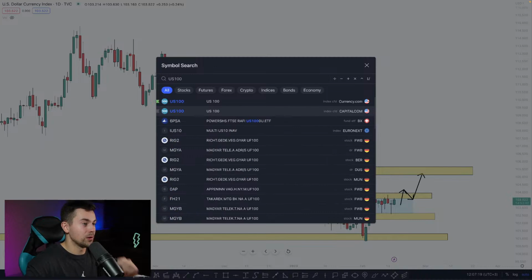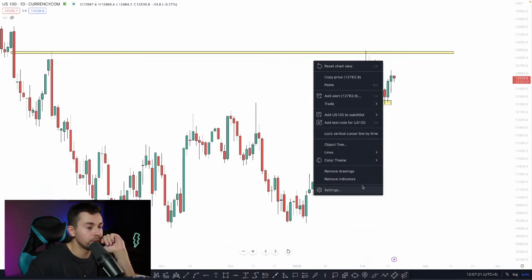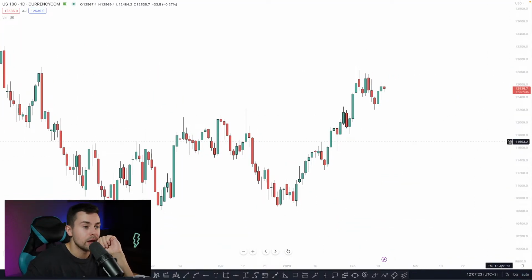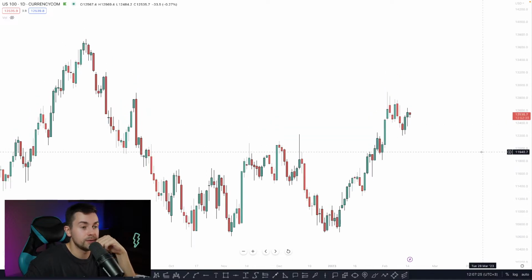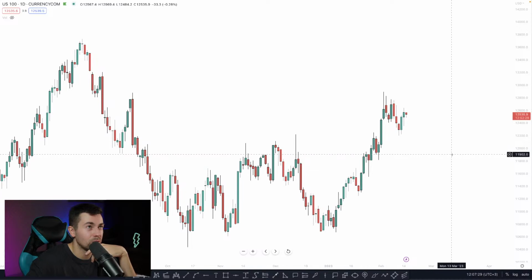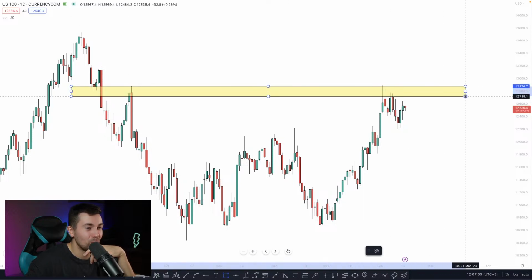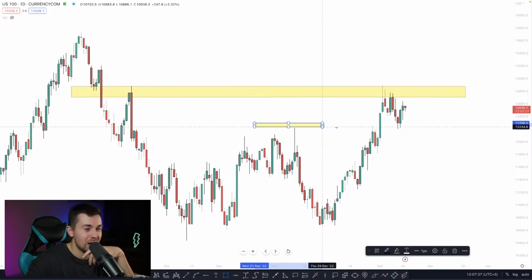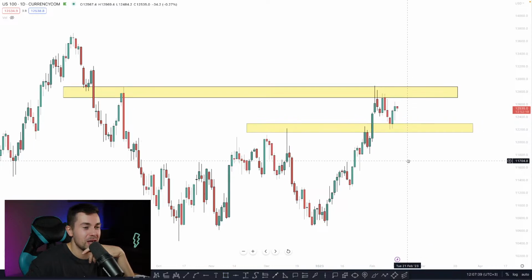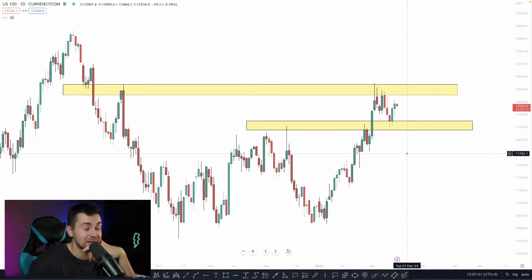US 100 index. What is up with the index? This one, by the way, I also analyzed yesterday, or I guess on Tuesday or on Monday, probably, on TradingView. And here what I spotted was the range. I want you to realize, traders, that at the moment the index is stuck within a horizontal range.